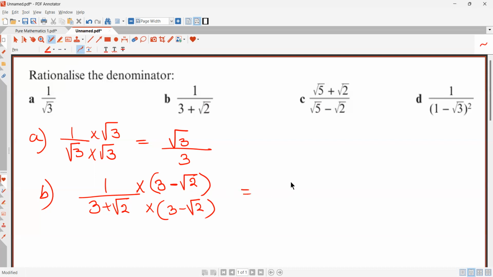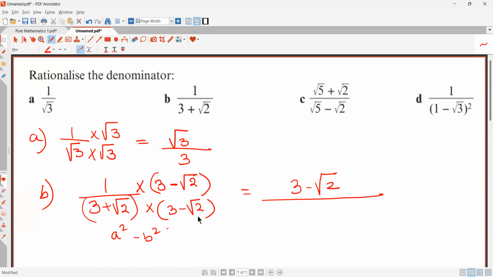Top part is very easy to do. 3 minus root 2, because there is a multiply by 1 over here. So pretty easy. Now, the bottom one. You know what most students do? If you put a bracket over here, they are going to open the bracket. But do you realize this is a square minus b square? A plus b, a minus b. Does it look like that?